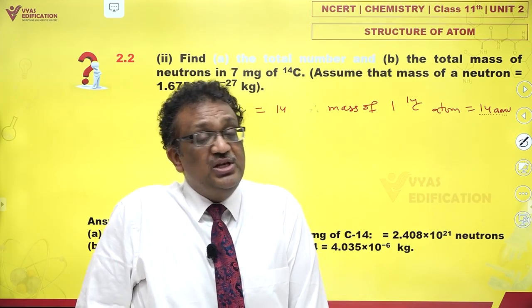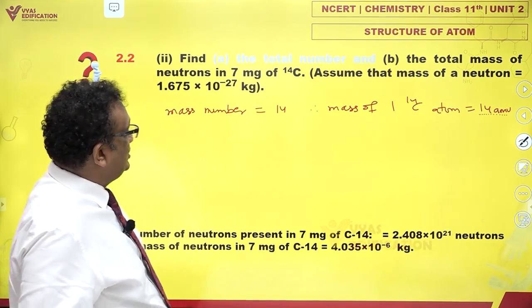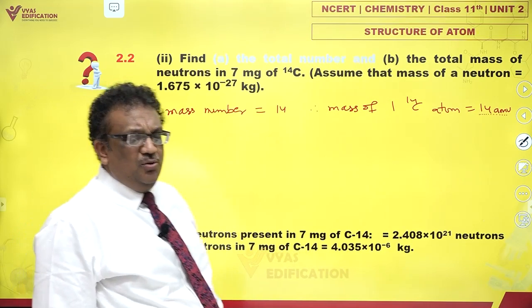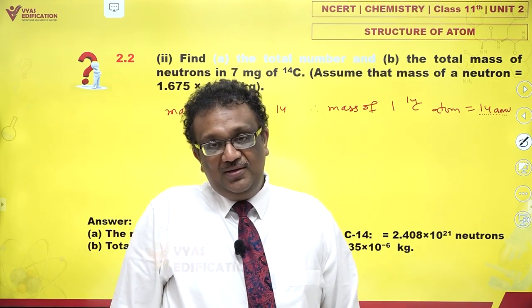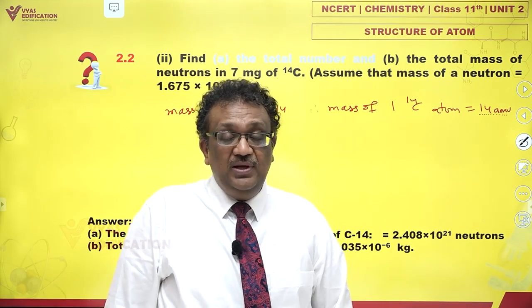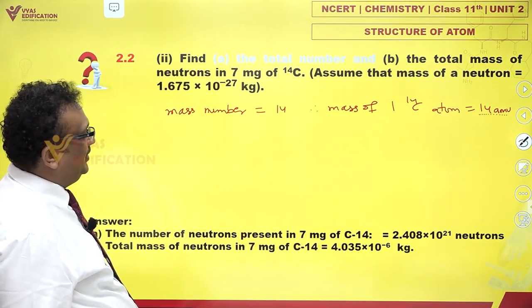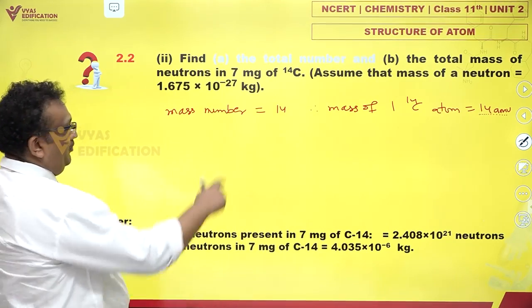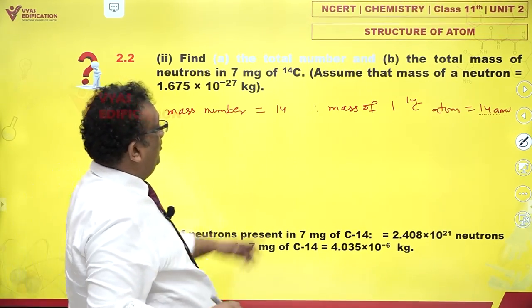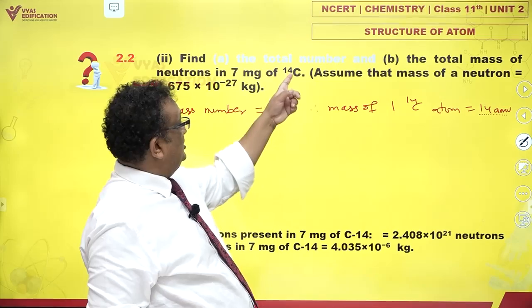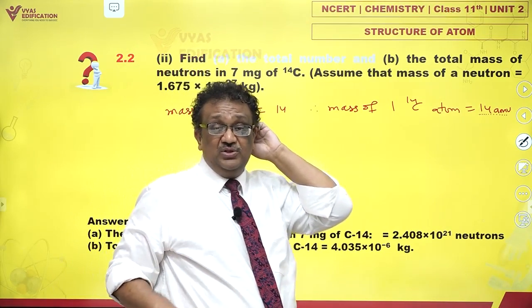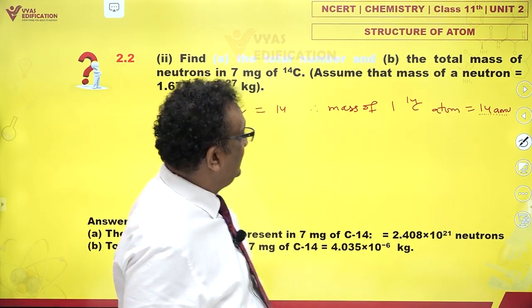Electrons are negligible, so essentially this is the mass of neutrons plus protons. If I may be a little approximate, out of 14 AMU, the mass of neutrons is 8, because we calculated it as 6 protons and 8 neutrons.